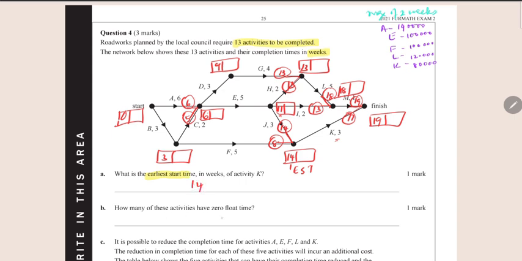How many of these activities have 0 float time? In order to have 0 float time, they should be on the critical path. So in order to get a critical path, we have to do a backward scan as well.